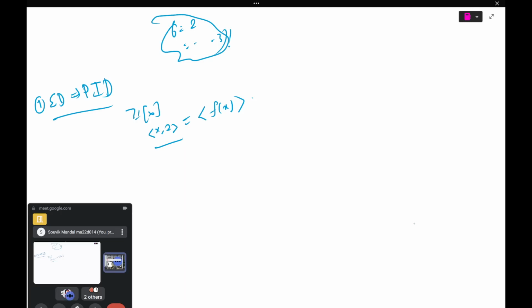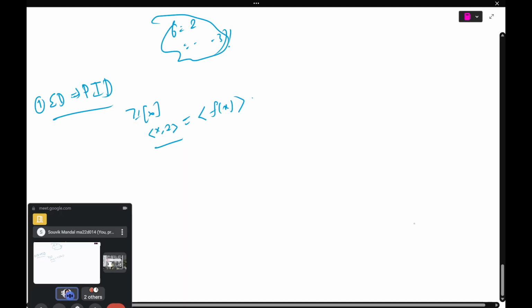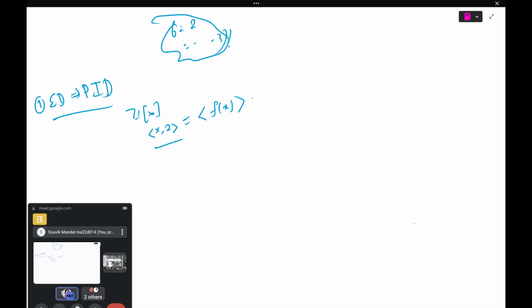Using the Euclidean condition, we can write... No, no. First of all, note one thing: since ℤ[x] is not a Euclidean domain, the Euclidean division argument will not work here.